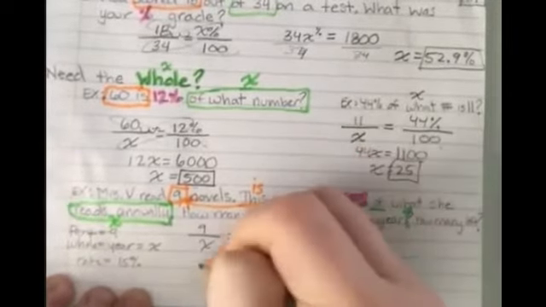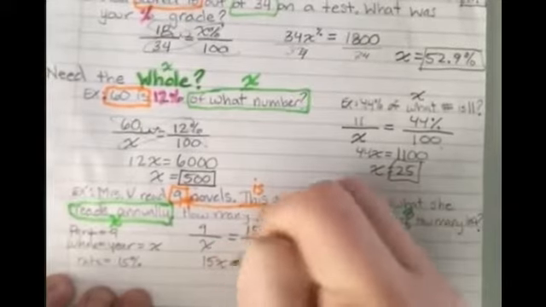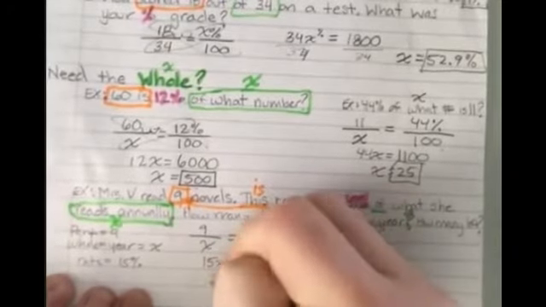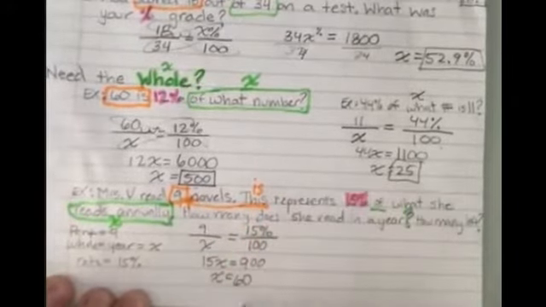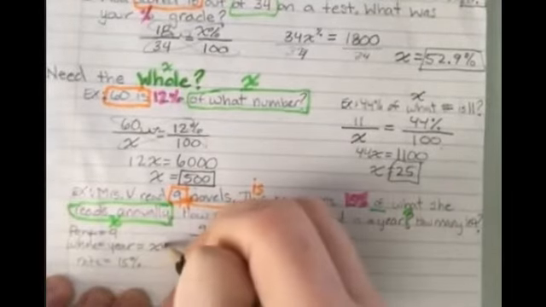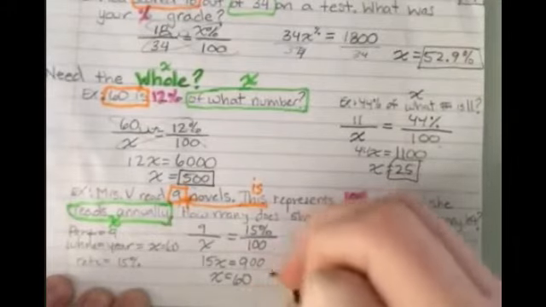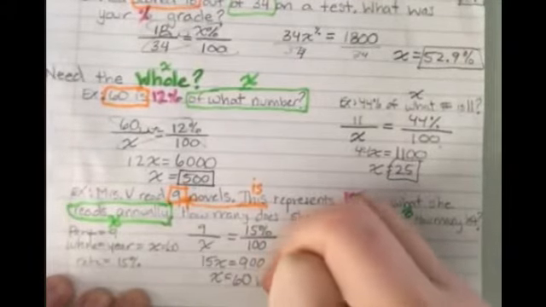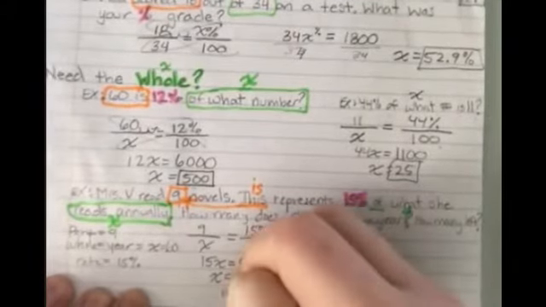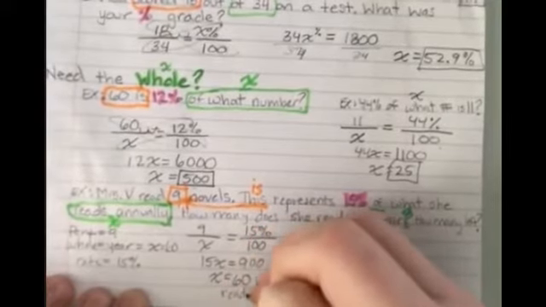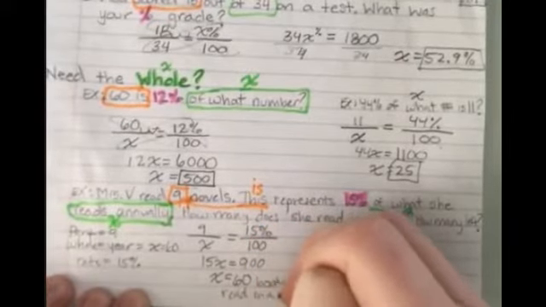Do your cross product, so you get 15x equals 900, x equals 60. What does that 60 mean? If I plug it in here, that's 60 books in a year. So she reads 60 novels, and you could put annually or in a year.